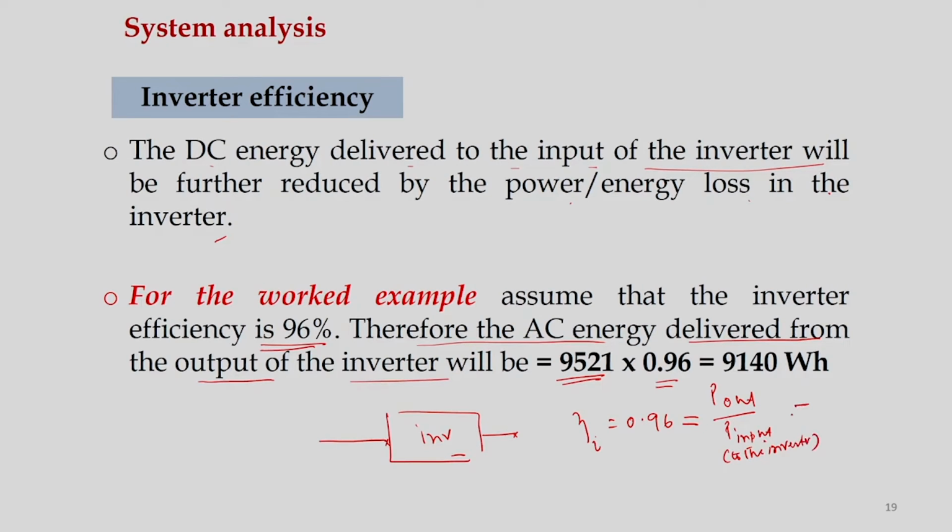So P out is nothing but eta I, which is 0.96, into P input. P input is 9521, so this is 0.96 into 9521. Once we do the calculation, we get 9140 as the value delivered by the inverter.